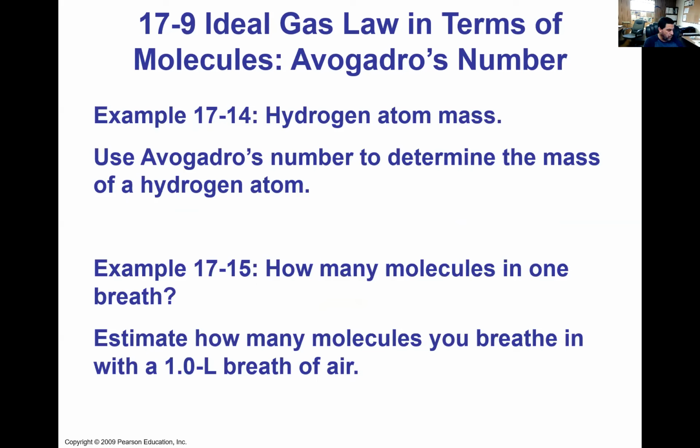Again, you might be more familiar with that previous methodology. So, hydrogen atom mass: use Avogadro's number to determine the mass of a hydrogen atom, and then estimate how many molecules you breathe with a 1 liter breath of air.